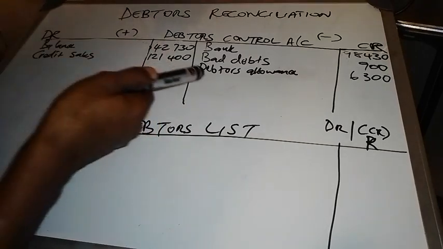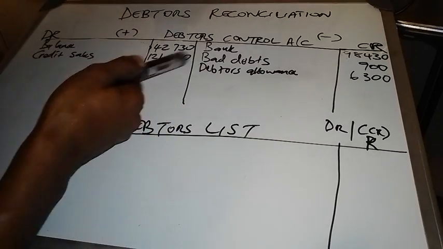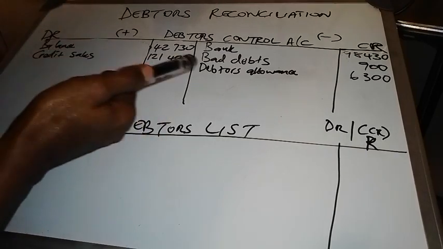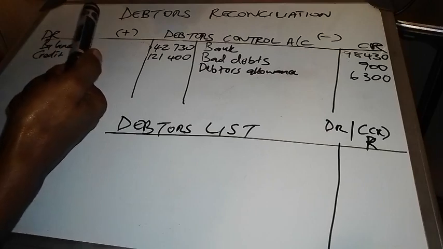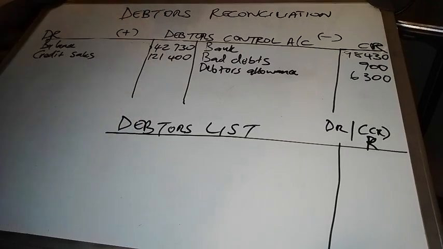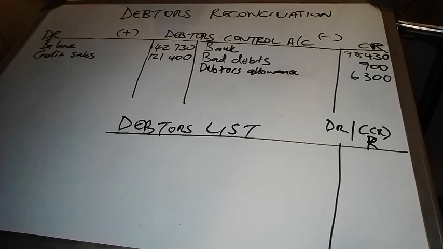Even if it was a settlement discount, it won't affect the debtors control because the debtors control will reduce by the total, and then it's only bank that will be affected, as the amount paid will not be the same as the debtors control column. Now we don't worry about that. We go to the next item. The next item is bank, total of creditors column, and then it's CPJ. So we're not going to bother about this one as well because it affects creditors.